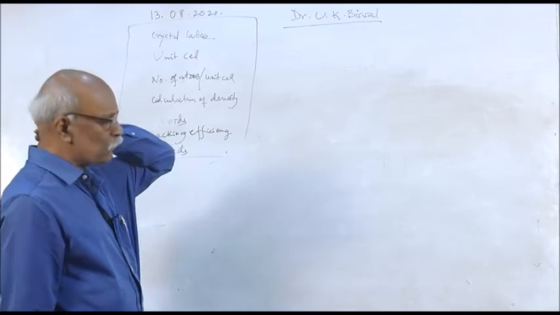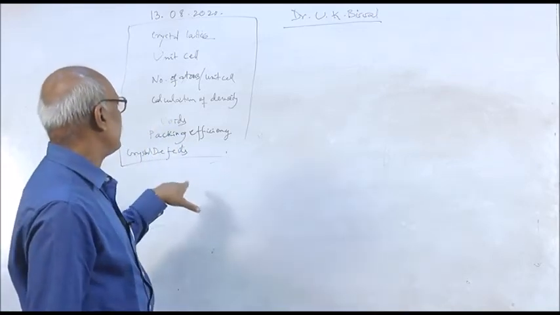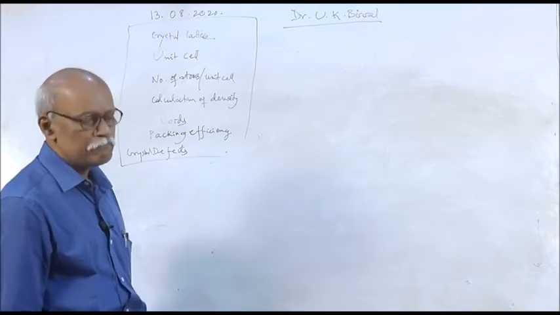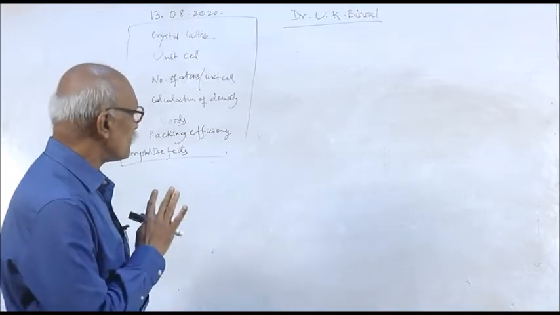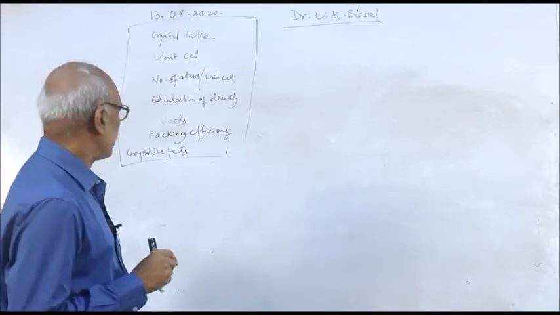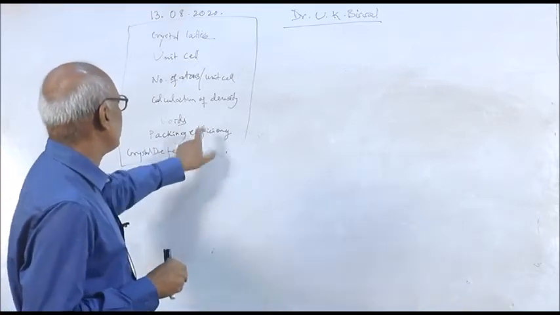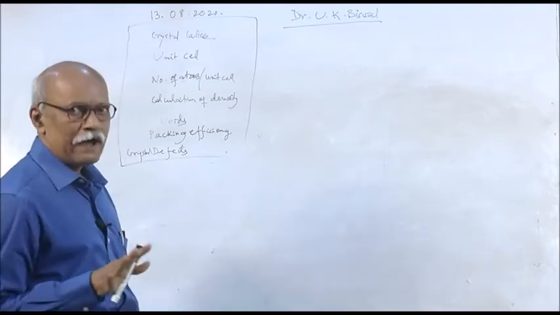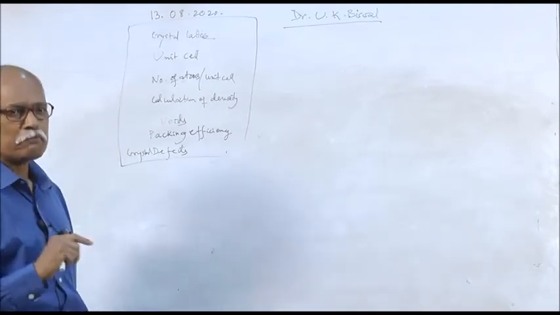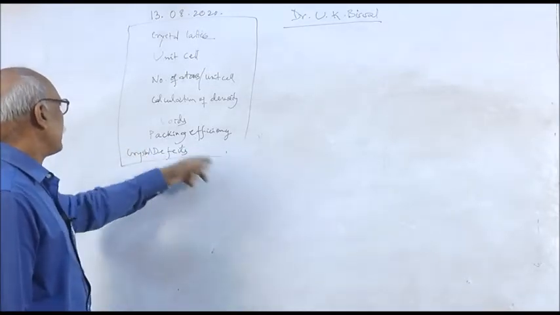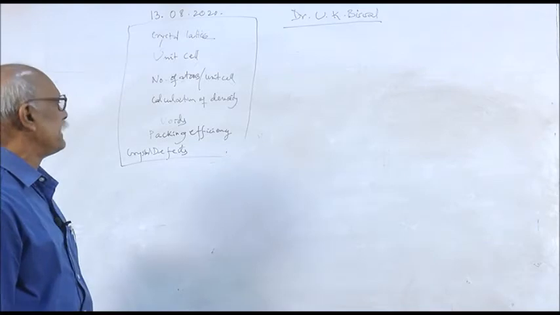If there are more vacant spaces, then you can say the packing efficiency is less, that it is not closely packed. If the atoms or spheres are very closely packed, then the packing efficiency is very high.